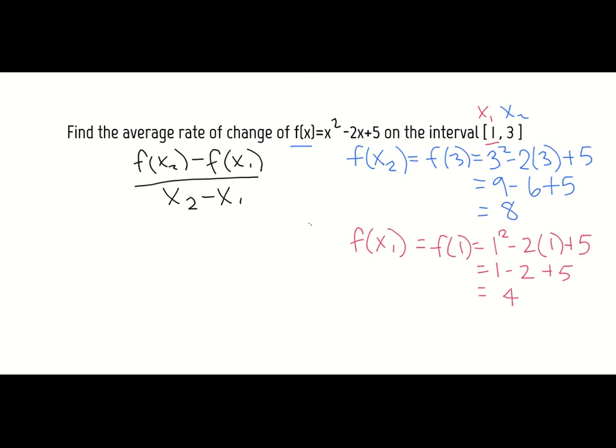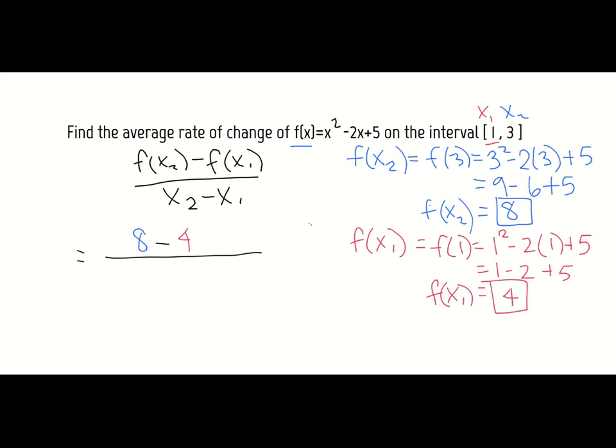And now that we have those two values, that f of x2 is 8, and that f of x1 is 4, let's plug those into this slope formula. So f of x2 was 8 minus f of x1 is 4.